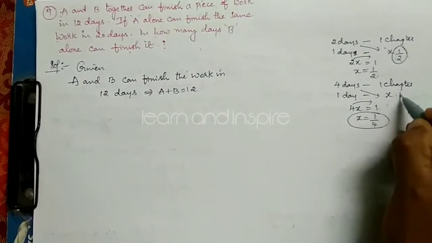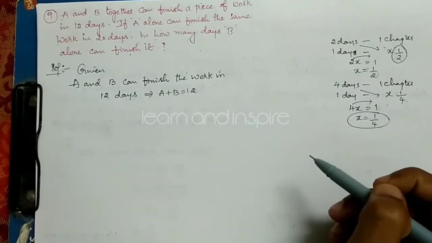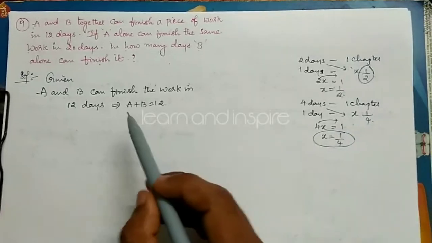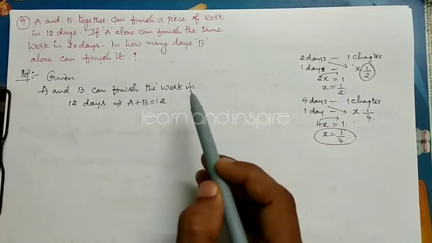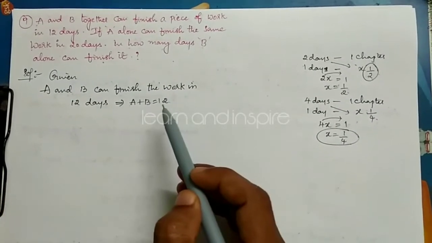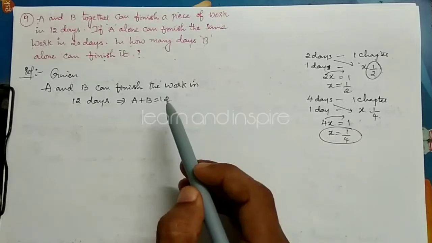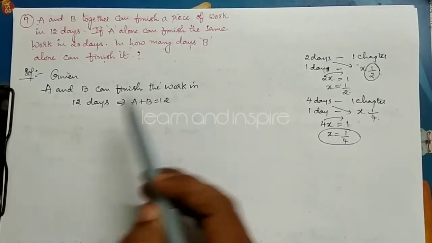That is, I complete a 1/4 part in one day. Now you can see A plus B: A and B can finish the work in 12 days. That means together they worked and completed the work in 12 days. Now we have to find how much of the work A and B can finish in one day.